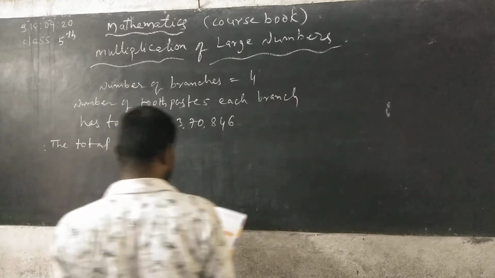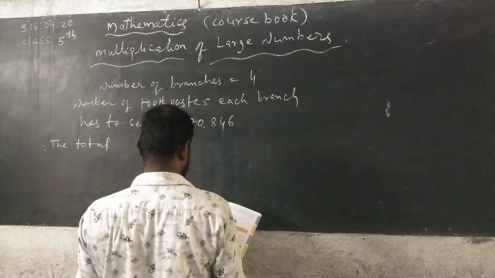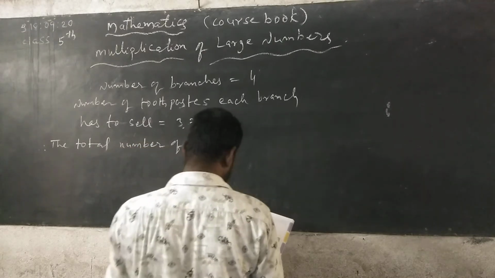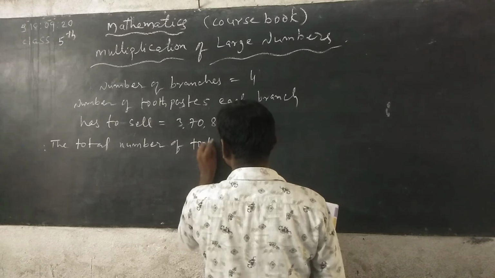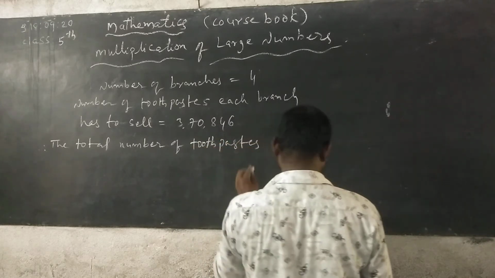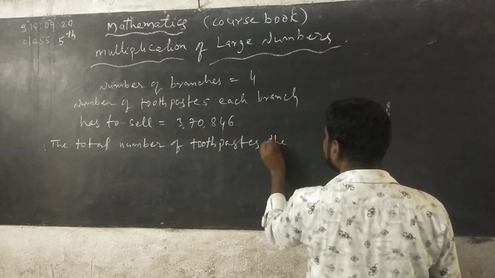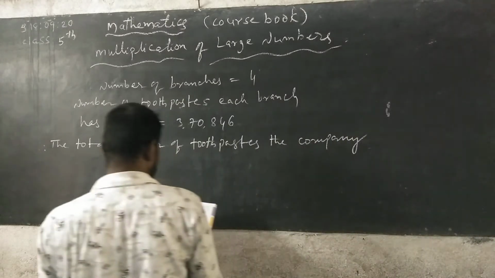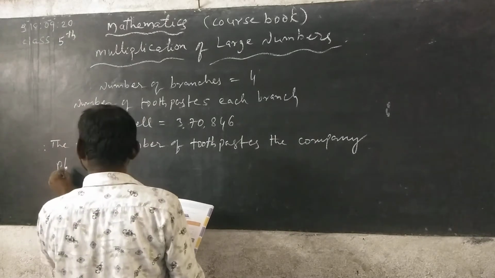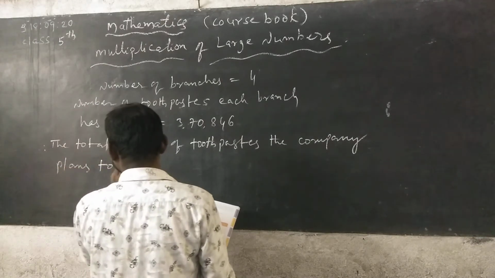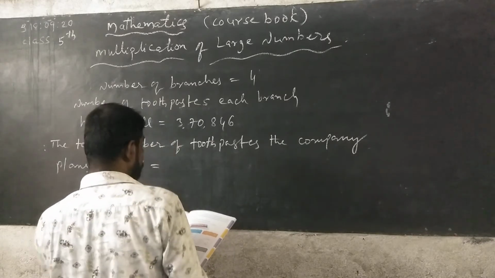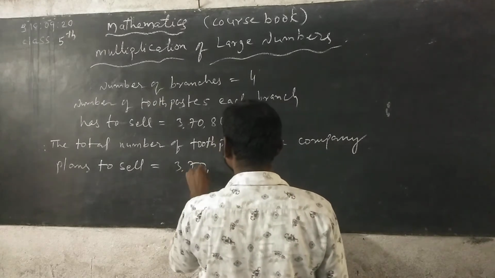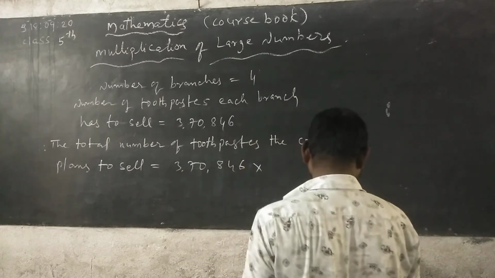So therefore the total number of toothpastes the company plans to sell is equal to, see here, look at the blackboard everybody, 3,70,846 multiplied by 4.